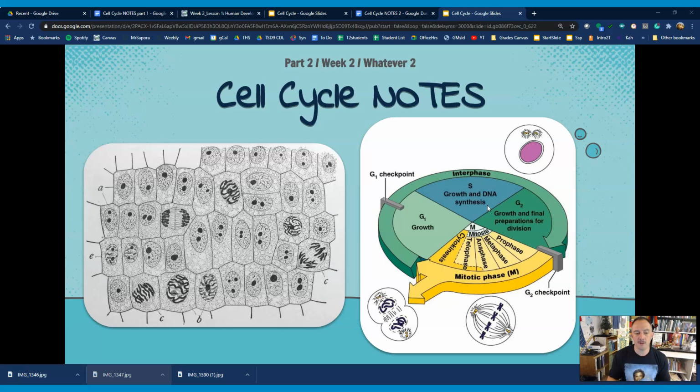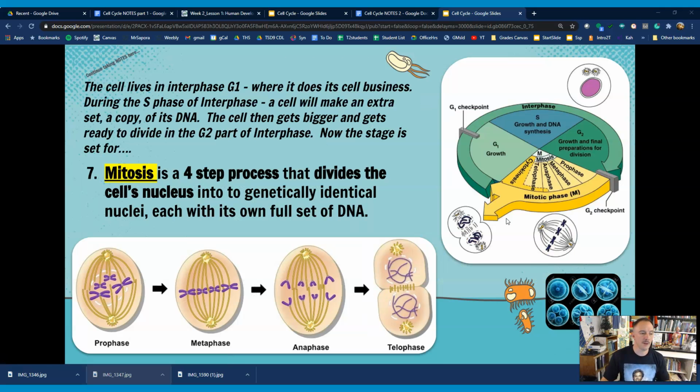And then they go through the G2 stage, where they are preparing to divide, replicating all of their organelles and getting bigger. And then we'll get into what we're going to talk about today, mitosis.